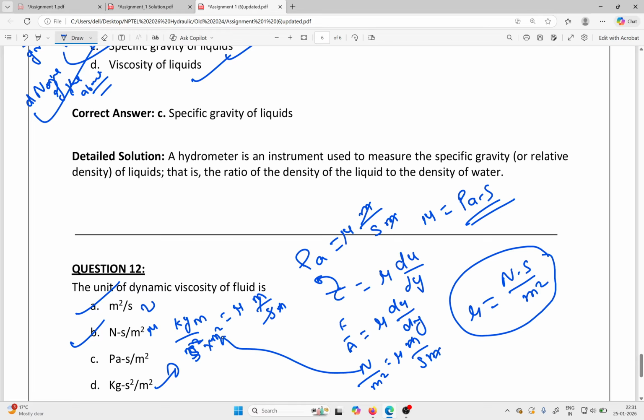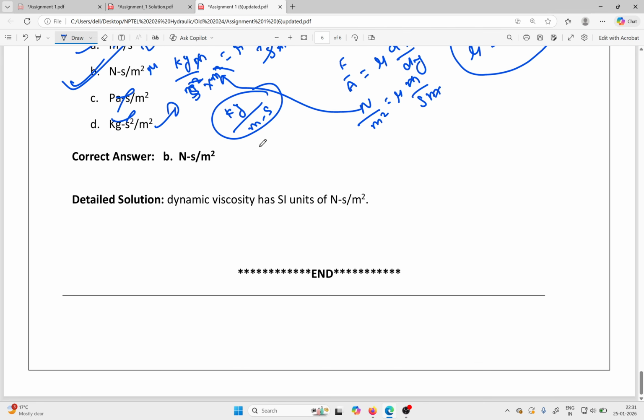Second will cancel out, meter will cancel out. So kg divided by meter second. So this is correct again. So both others are not correct. So option B is correct only.